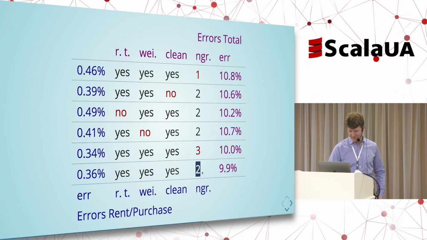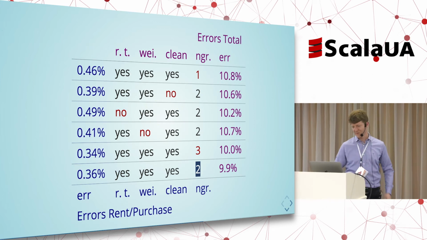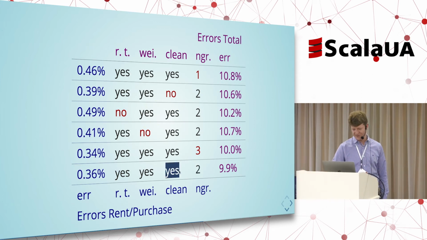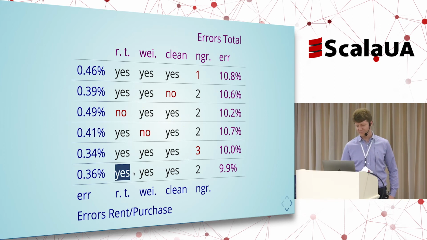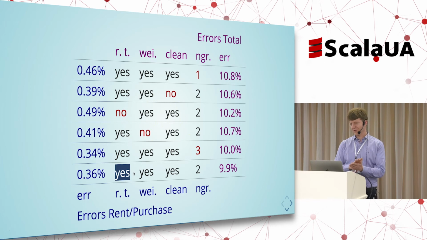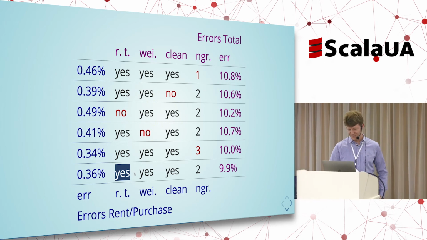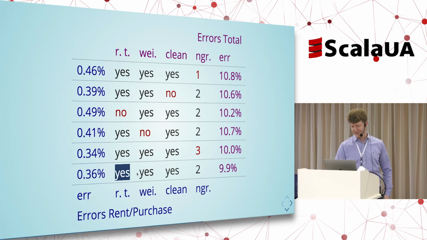There I use bigrams, I have this HTML cleaning I just talked about enabled, I have these IDF feature weights enabled, and I have these range tokens we talked about before also enabled. So in this case I get an error of 9.9% on my test data.